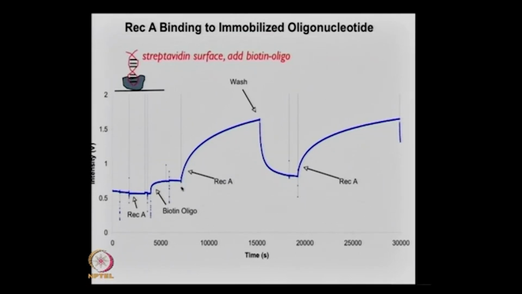When you introduce Rec-A at this point, you get a much greater increase in signal. Then we want to unbind Rec-A, so we introduce just the buffer to flush out the Rec-A, and the signal goes down. That's because the interaction between Rec-A and DNA is a lot weaker than antibody-antigen interaction. And you can repeat the experiment, etc.